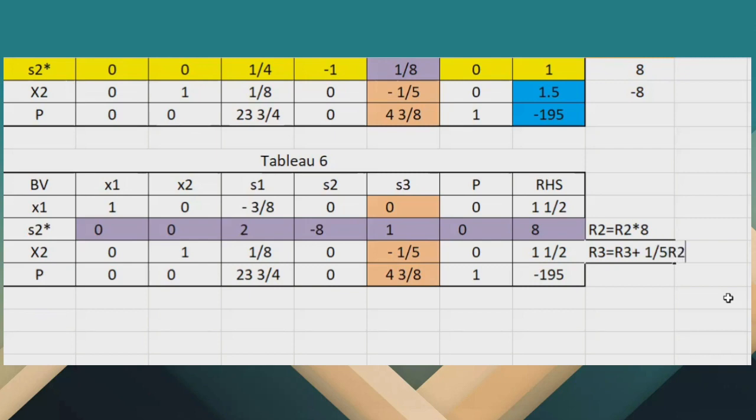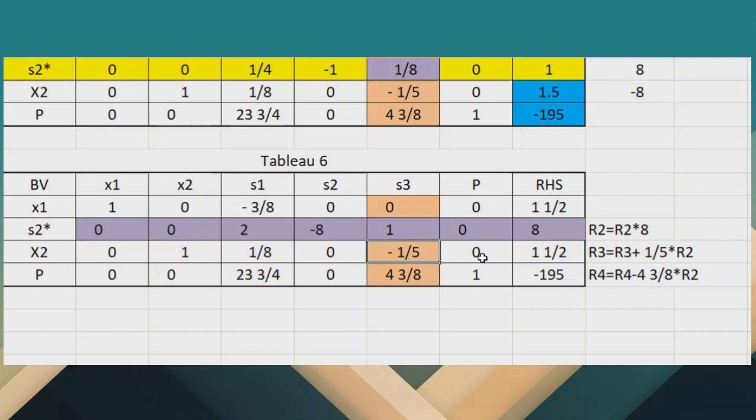Row 2. Times row 2. And then, yung row 4, para maging 0, row 4 is equal to row 4. Dahil positive 4 and 3/8 siya, so lalagyan natin minus 4 and 3/8 times row 2.